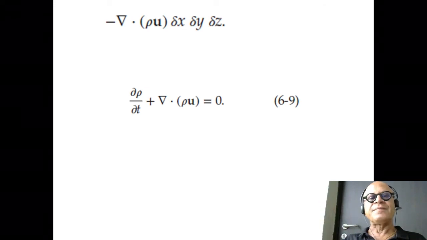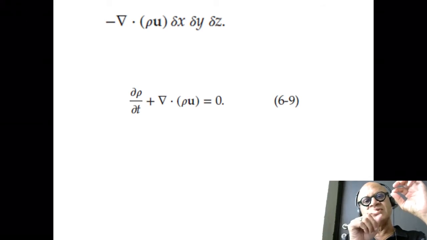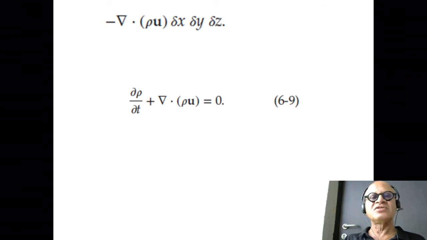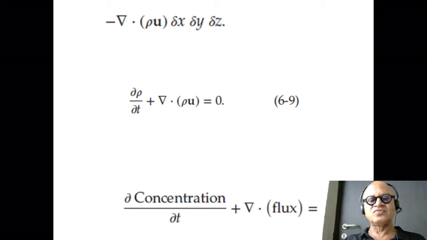So the change in density at a point in a parcel is the time rate of change and the physical convergence or divergence. If it has a negative sign, obviously it's convergence. If it has a positive value, obviously it's divergence.